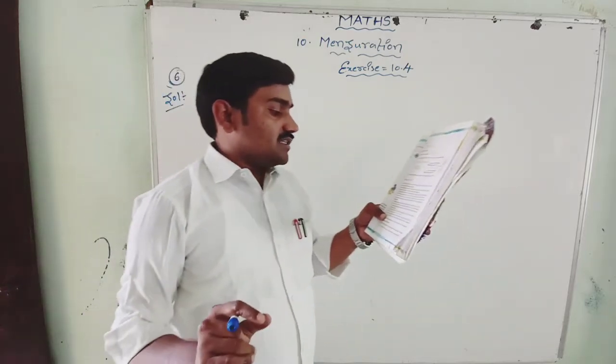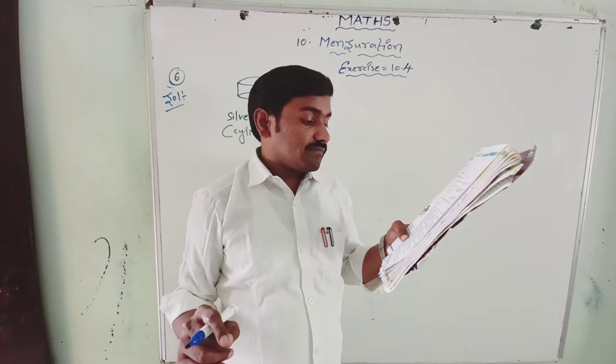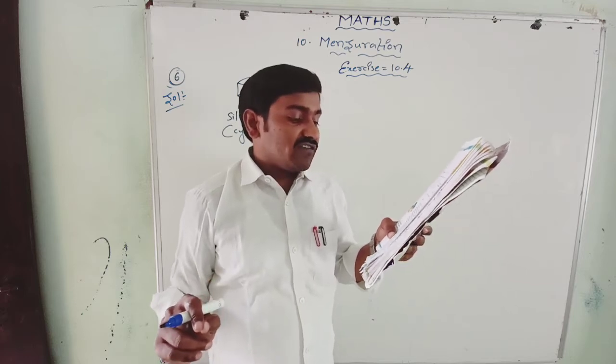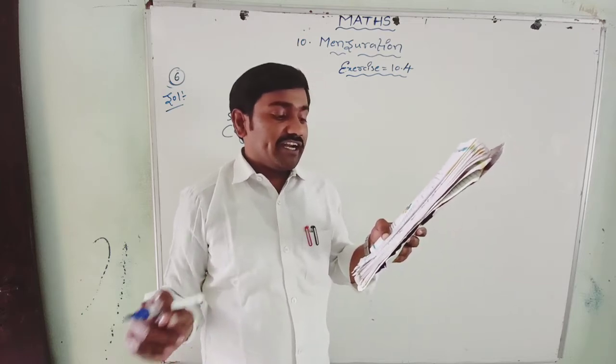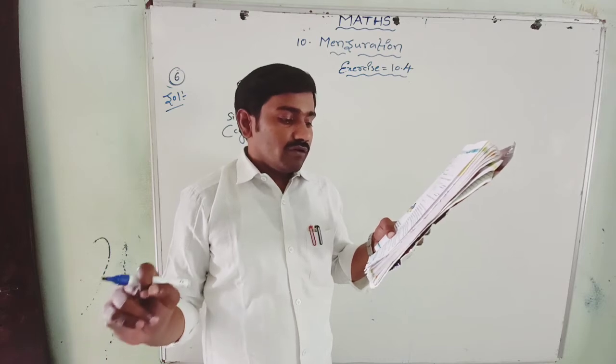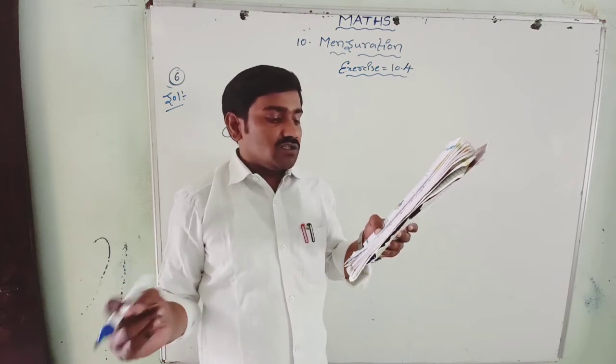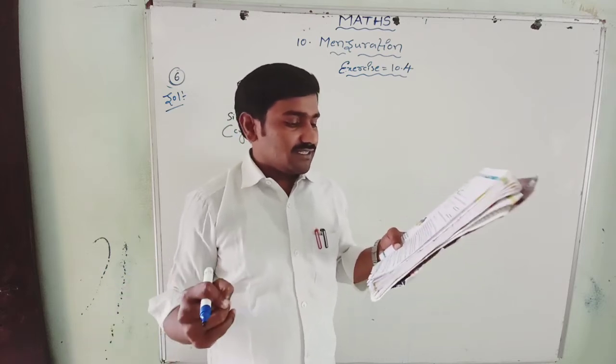Okay, silver coins. How many silver coins? 1.75 centimeter in diameter, thickness 2 millimeters.